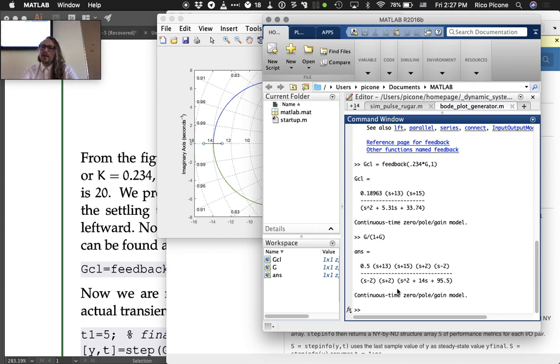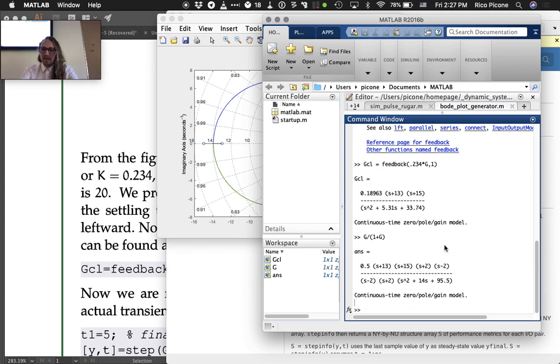It didn't get the cancellation. These cancel. And then I believe it's the same. Something seems off, though. Is that not right? G over 1 plus G? That's the formula, right? For the closed loop transfer function? Anyways.